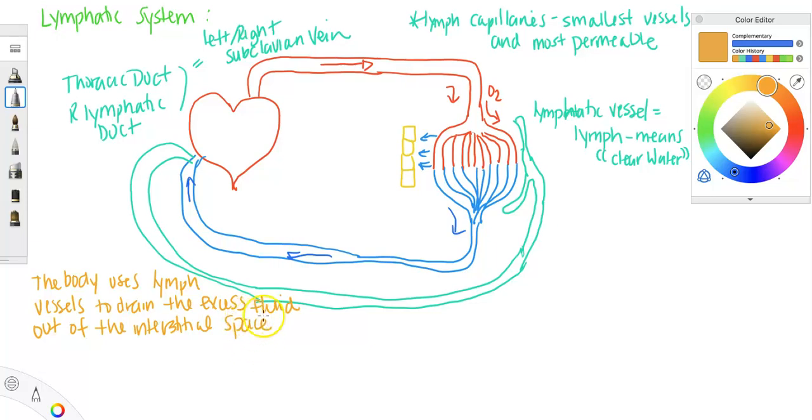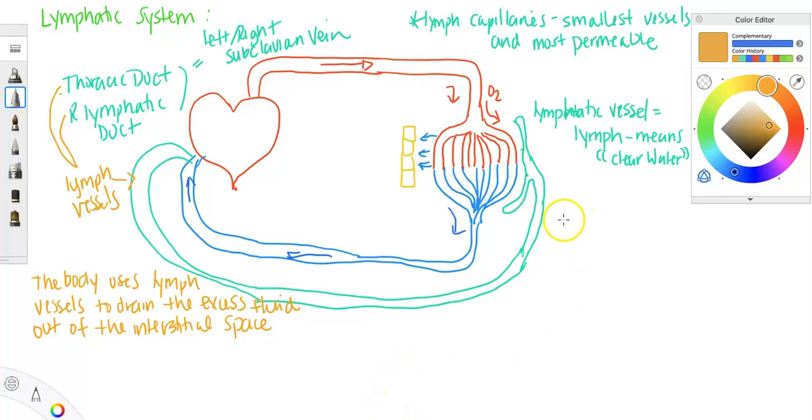So lymph travels through lymph vessels and they reconnect with the blood vessels and then return to the blood. And they connect through the thoracic duct, the right lymphatic duct, and then those empty into the subclavian veins.